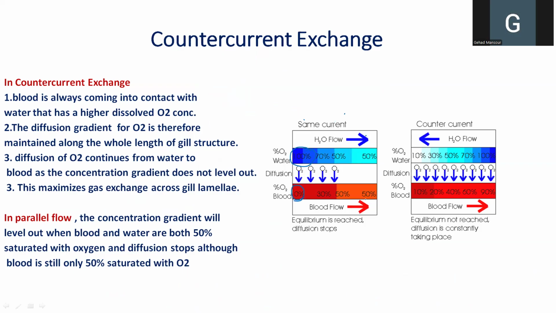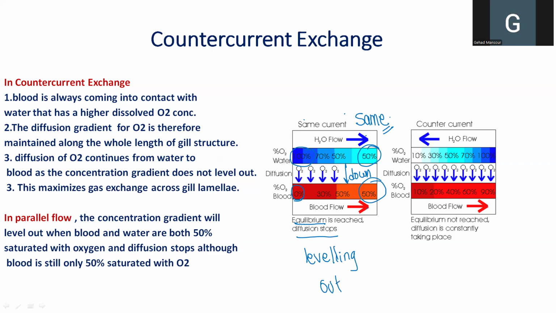But notice that although the two vessels are parallel to each other, the fluids are flowing in the same direction. So gradually, oxygen passes down the concentration gradient until equalization of oxygen occurs, and when equilibrium is reached, diffusion is stopped because there is leveling out of the level of oxygen.